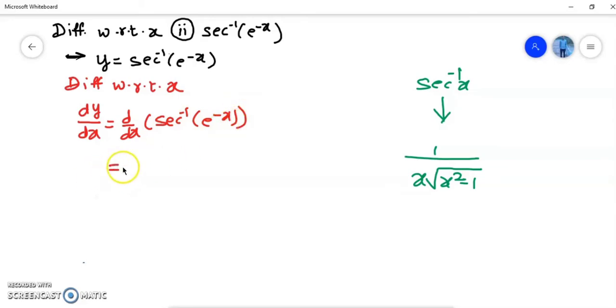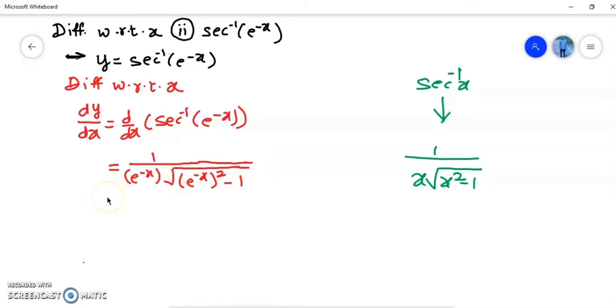Now I have to understand that derivative of sec inverse of x is this. So derivative of sec inverse of e raised to minus x is 1 upon x root of x square minus 1. So it is now not x but e raised to minus x into root of e raised to minus x whole square minus 1.